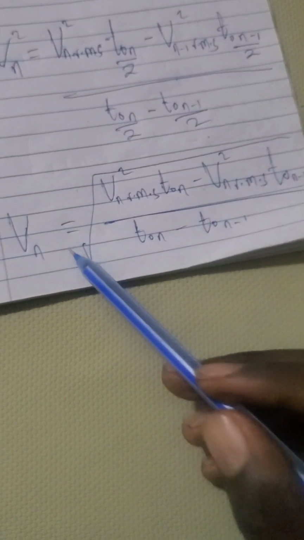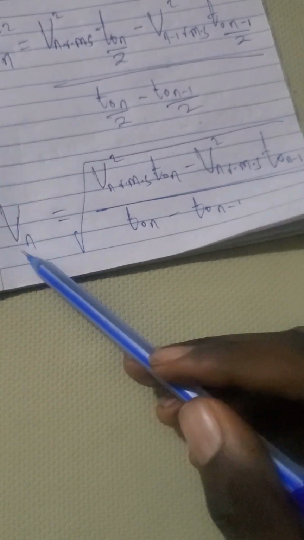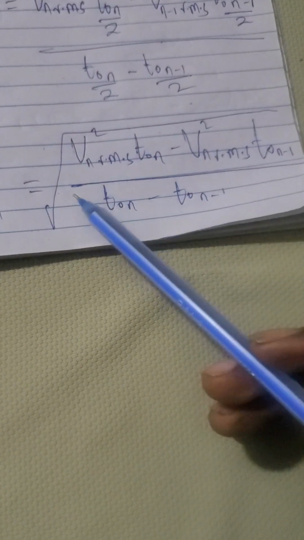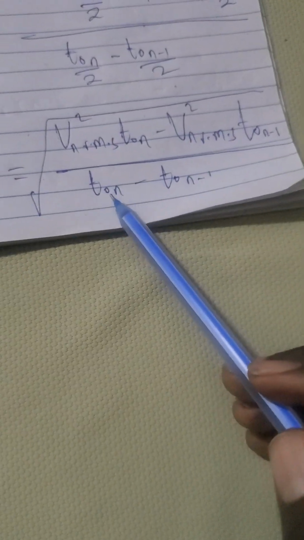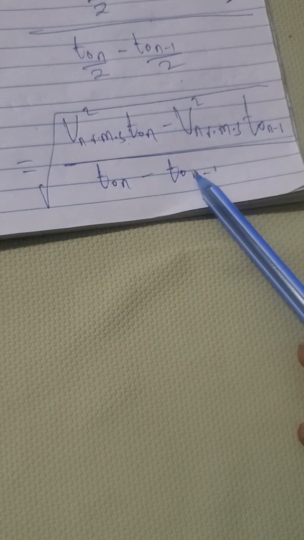So this is the expression for the velocity of the nth layer. The values of root mean squared velocity will directly be obtained from the graph, and these two-way vertical travel times are also obtained from the graphs.